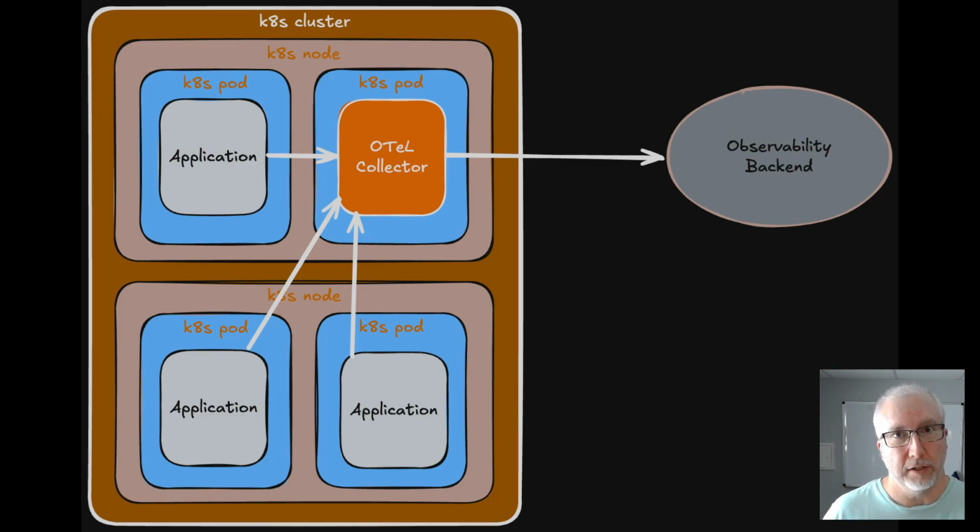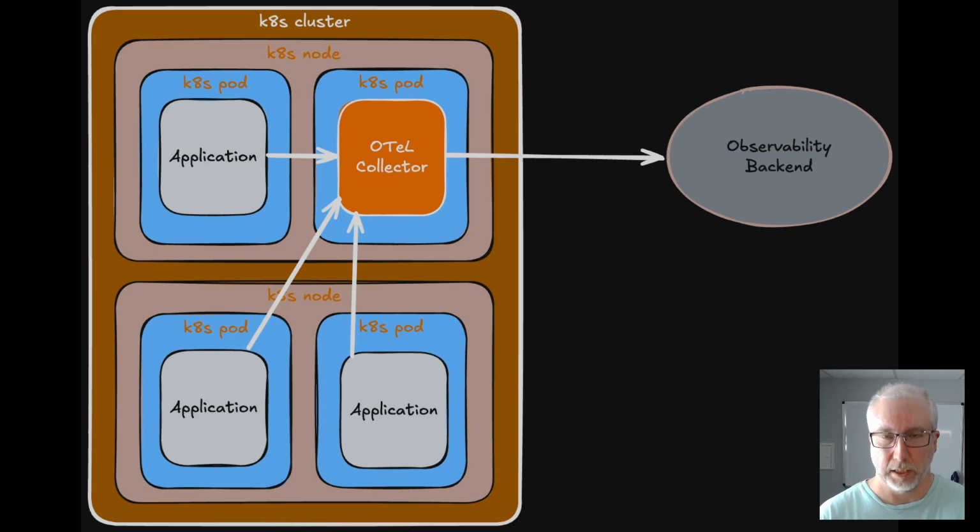And then it will batch up that data and send it to a single backend for observability or storage. So this is a deployment type or stateful set deployment if there is some particular state in the OpenTelemetry Collector we need.